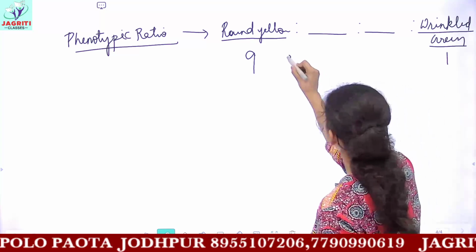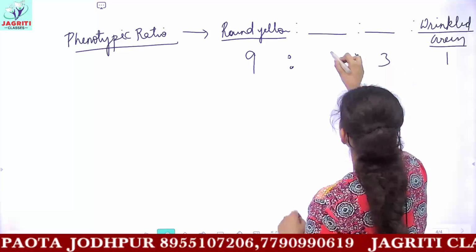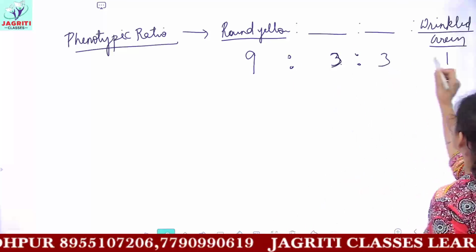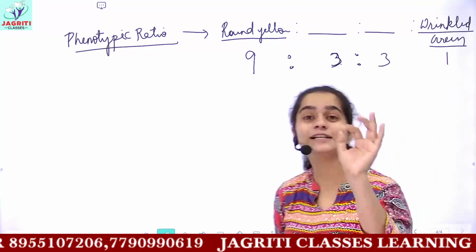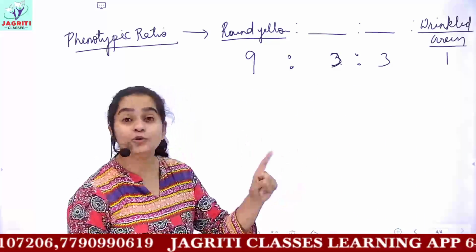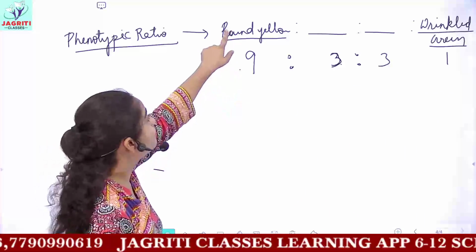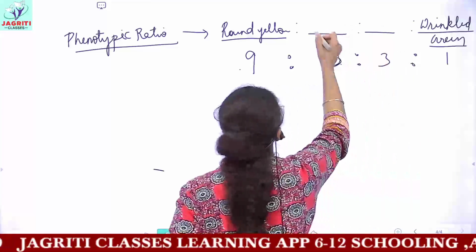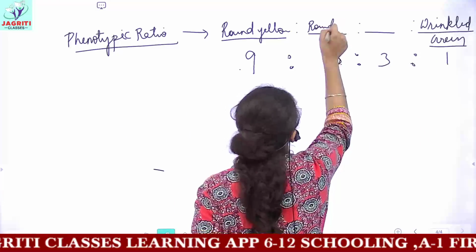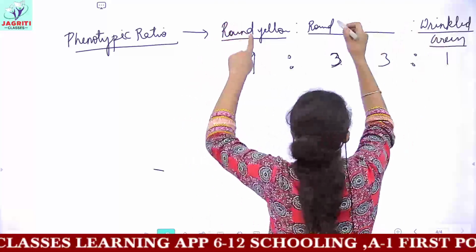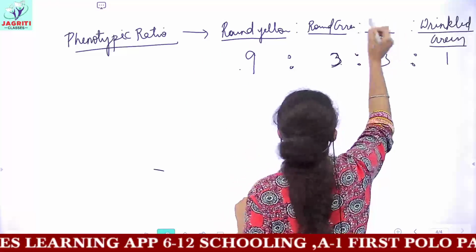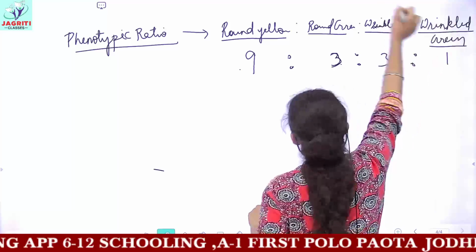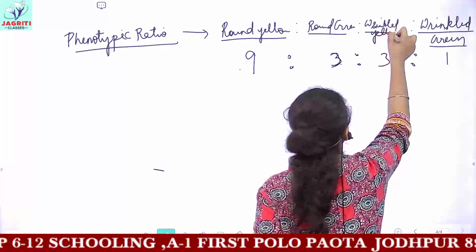And now the cross combinations, you will see that 3 of them, if you total these, 9 plus 3 plus 3 plus 1 gives you a total of 16. Out of those 16, 9 are having round and yellow, 1 is having wrinkled and green. But the next 2 would be with the shape round you have the color green, and with wrinkled you now have the combination of yellow.